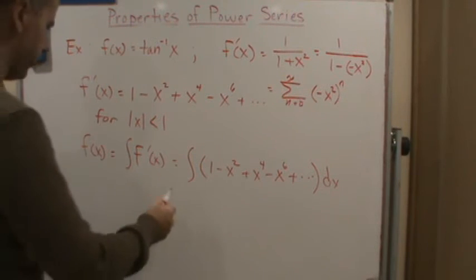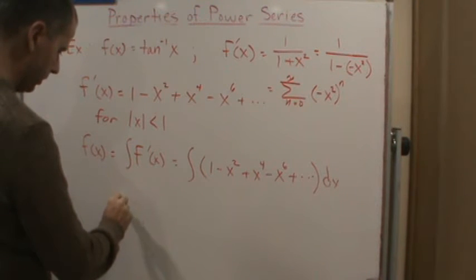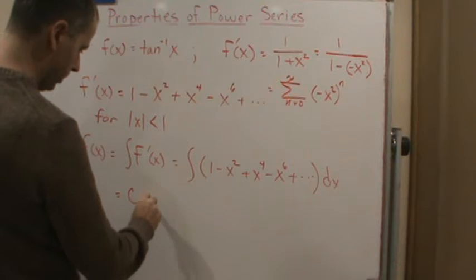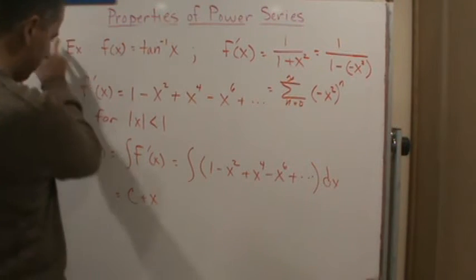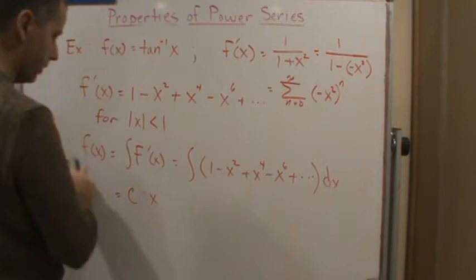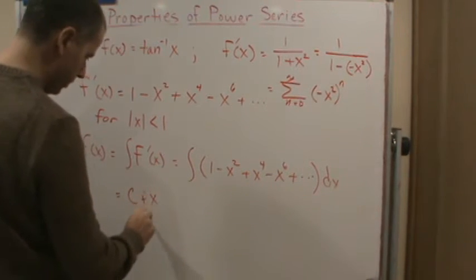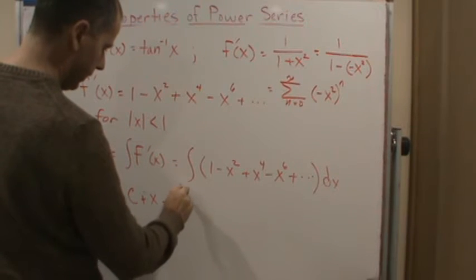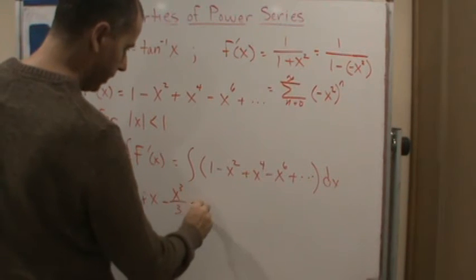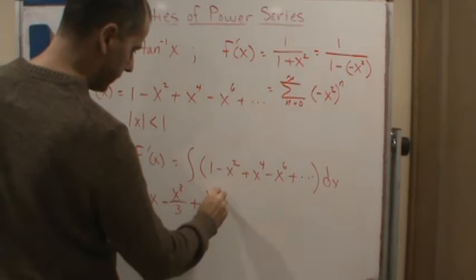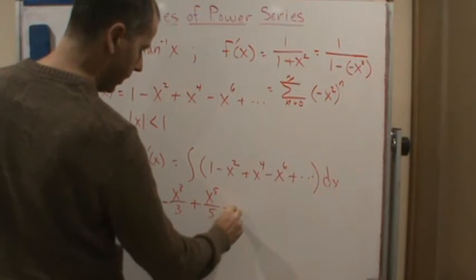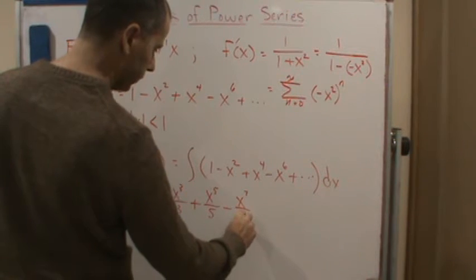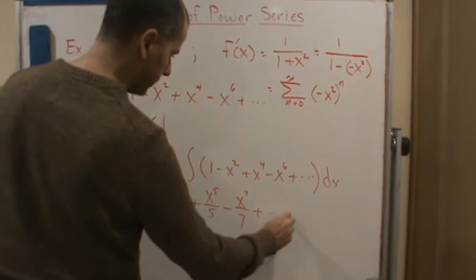And so when we do this integration term by term, we end up getting c plus x minus x cubed over 3 plus x to the fifth over 5 minus x to the seventh over 7 plus so on and so forth.